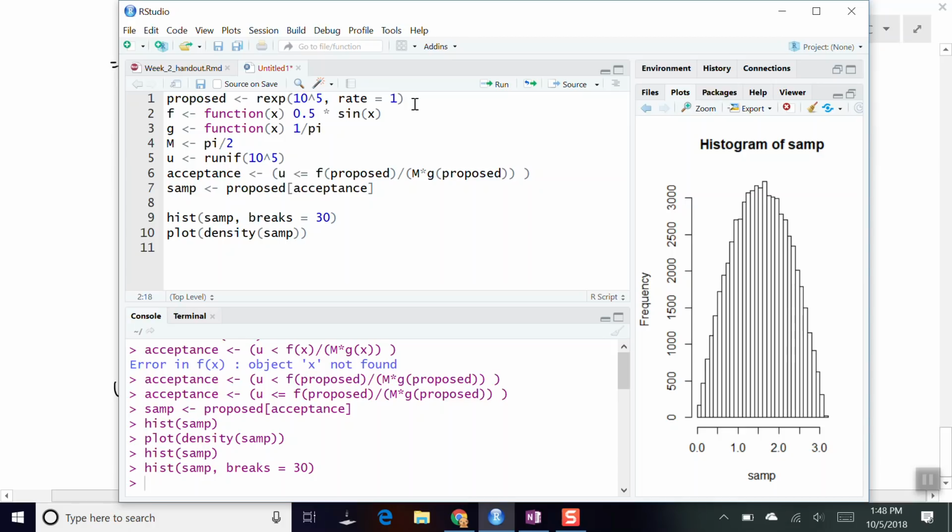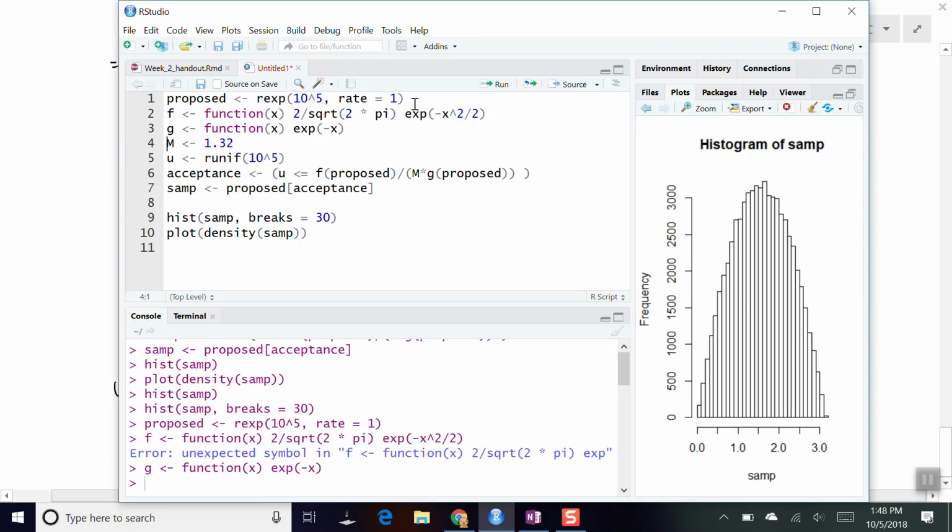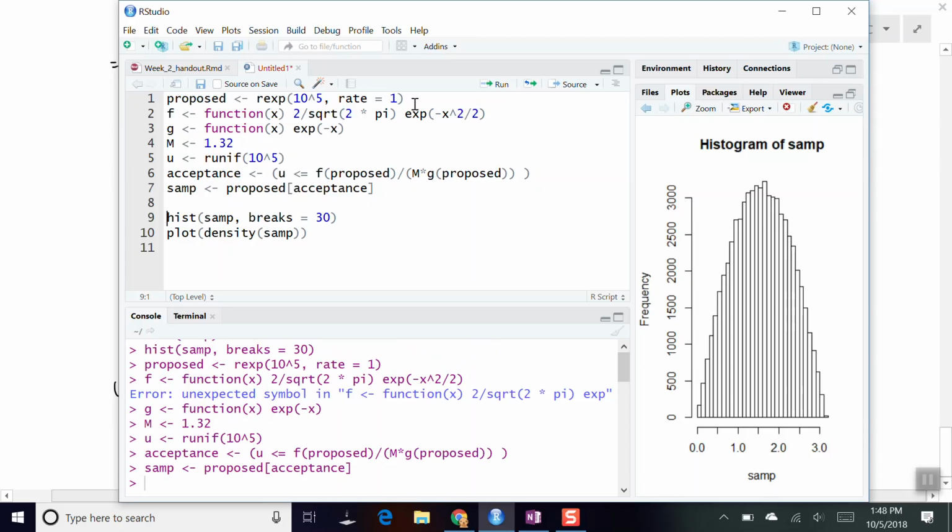Our f of x is 1 divided by square root of 2 times pi e to the negative x squared over 2. That's our f. Oh, and I'm sorry, it's 2 over square root 2 pi. And our g of x is exp of negative x. Our m is around 1.32. This is what we calculated. And so we'll go ahead and just do this.